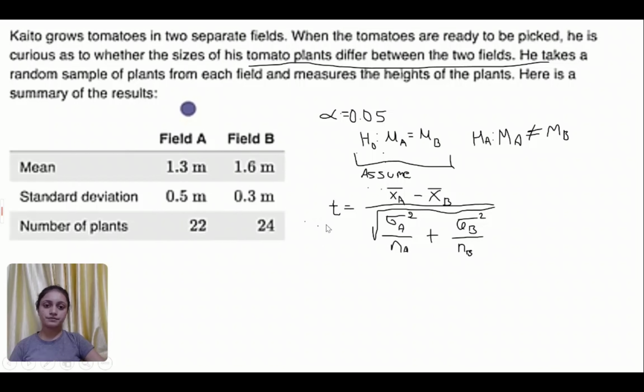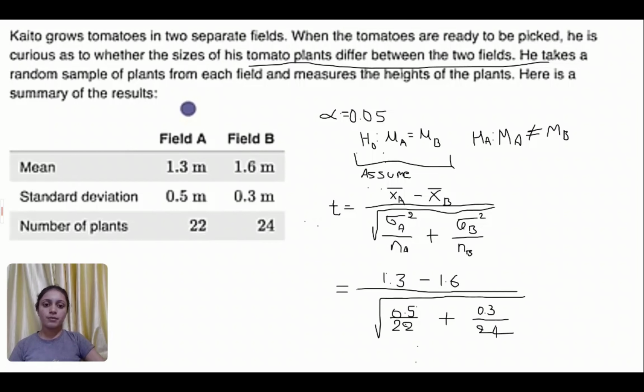The formula is t is equal to x bar of A minus x bar of B divided by the root over standard deviation squared of A divided by number of plants of A plus standard deviation squared of B divided by number of plants of B field. Put the data according to the formula.